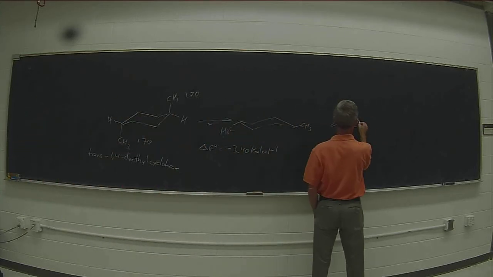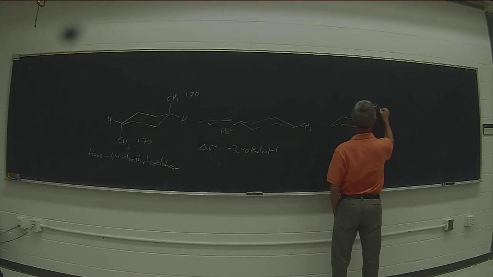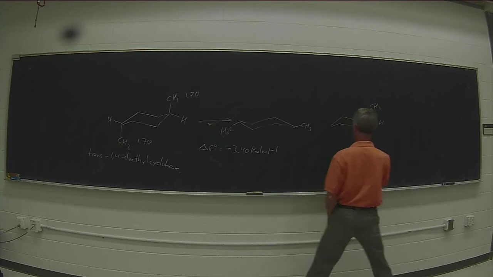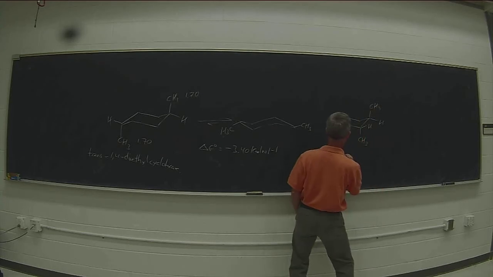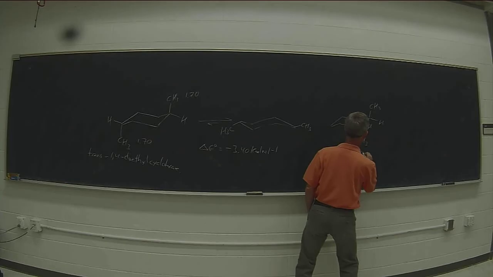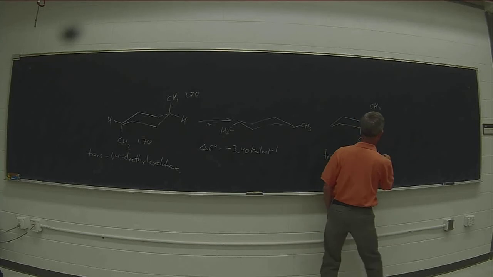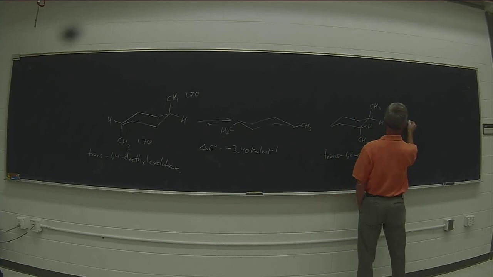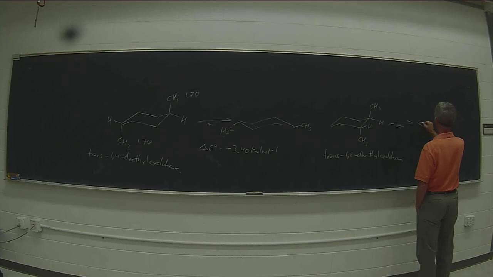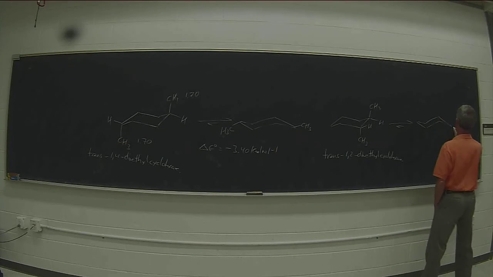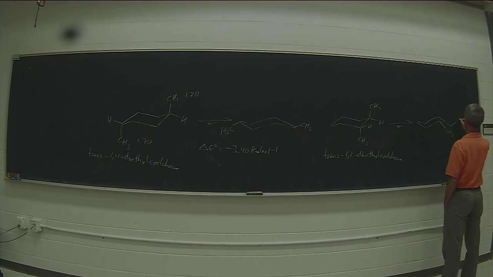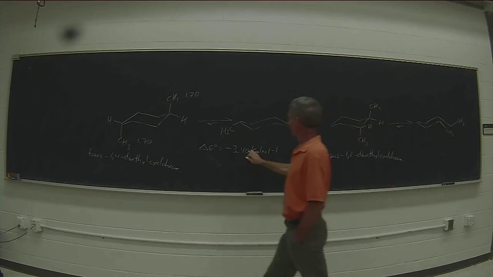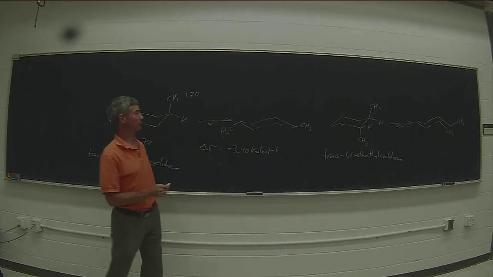If you work with the corresponding trans 1,2-dimethyl, however, you discover that although the one that puts the two methyl groups in the equatorial position is more stable, it is not more stable by 3.40 kilocalories per mole.